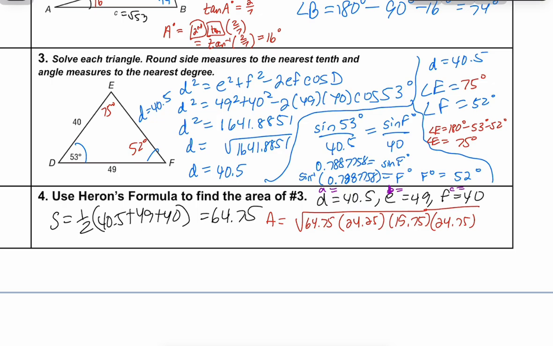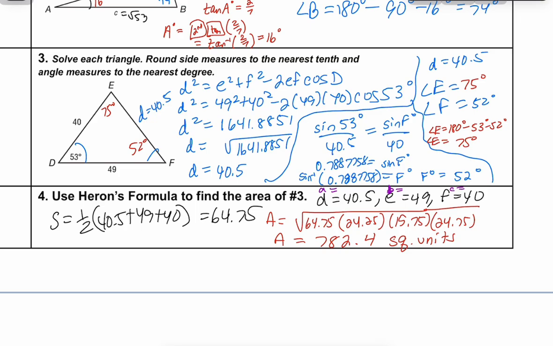And then you can end your parenthesis, which means all that stuff is in your square root. And our area is 782, let's go to the nearest tenth, .4 square units. Now, I did not give you units on the test, so it's just square units of some sort. And that would be the area of the triangle in number 3, okay?